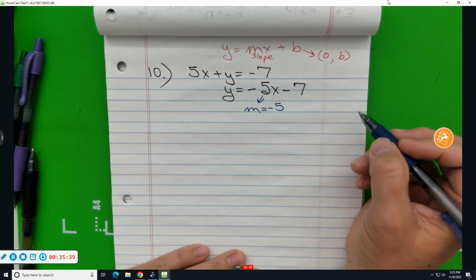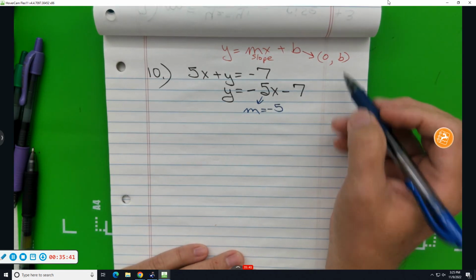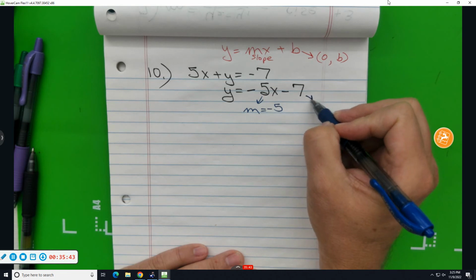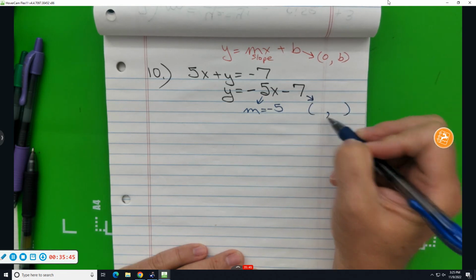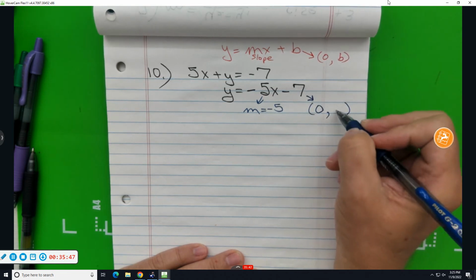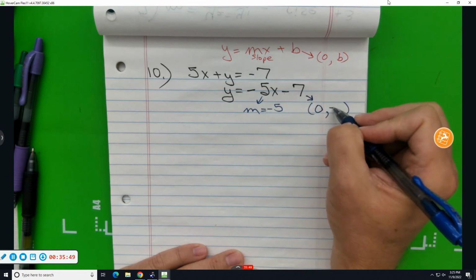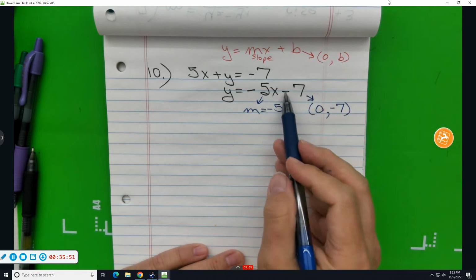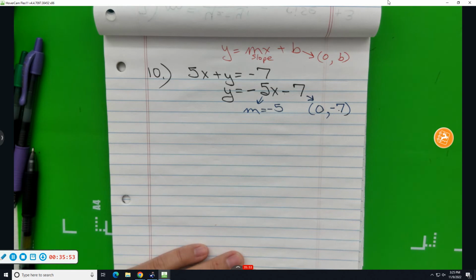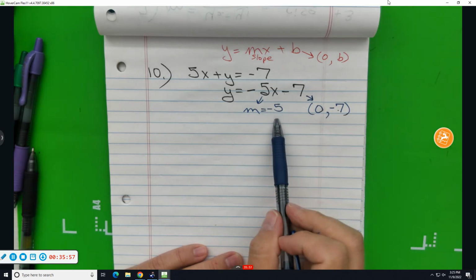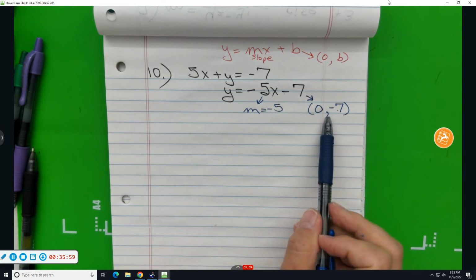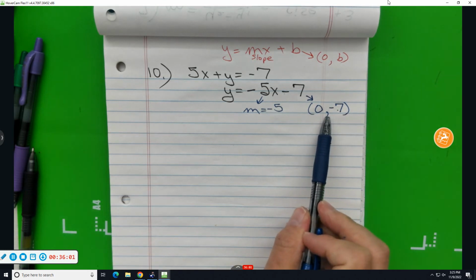My y-intercept is the ordered pair 0, negative 7. That's right. Use the negative. That minus there becomes a sign on the b. So this line has a slope of negative 5 and a y-intercept of 0, negative 7.